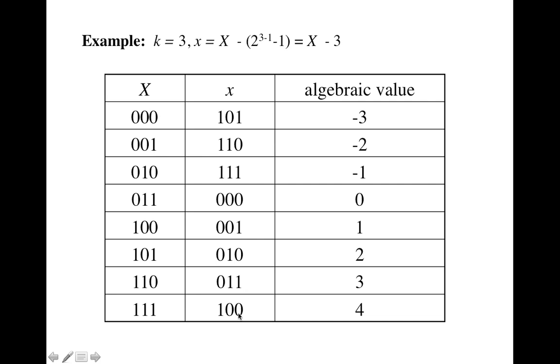You can work it either way you like. You want to compute lowercase x from the capital X, which is 7 minus 3, which is equal to 4, the algebraic value-wise, and that's the binary representation of it. Or if you want to compute capital X from the lowercase x, then basically that is this plus 3, which is equal to 7. So that's how this formula works in this representation.